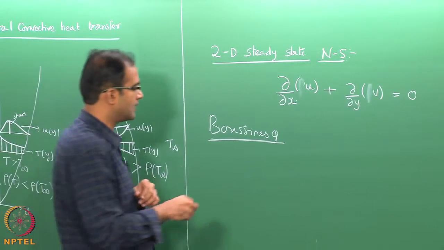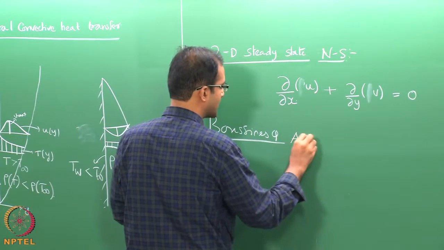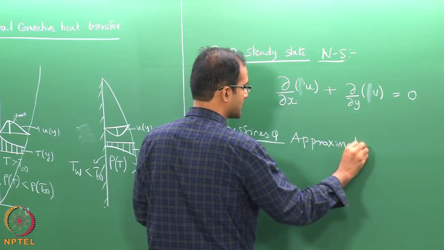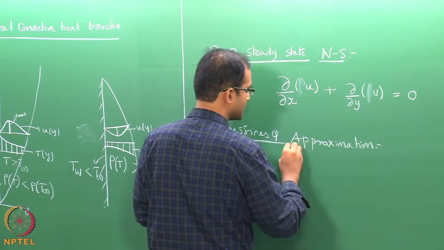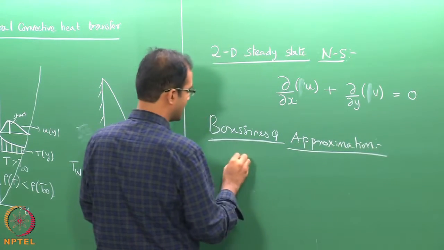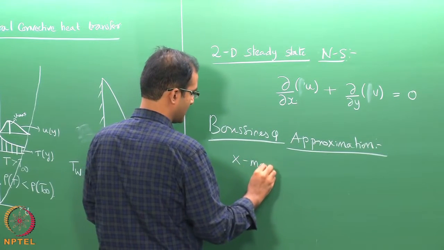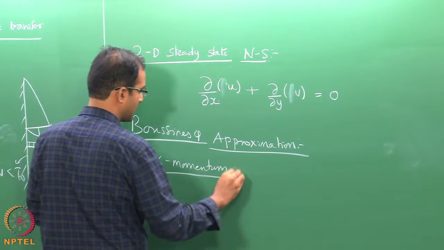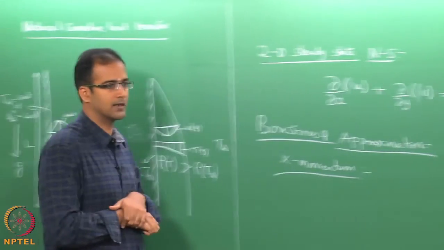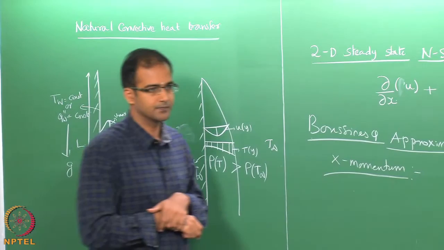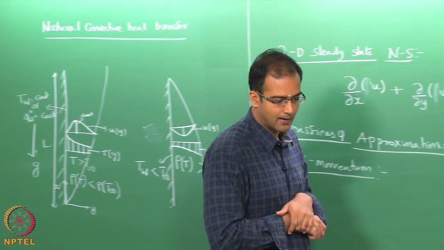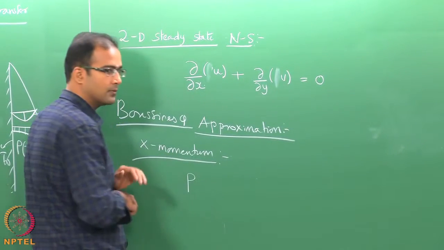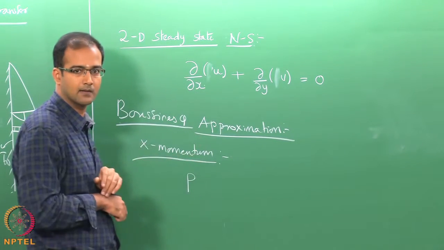So, if you write down the x momentum and y momentum invoking the Boussinesq approximation, let us first write down the x momentum equation. How does it look? Let us keep density outside the derivative, but not divide by density right away.